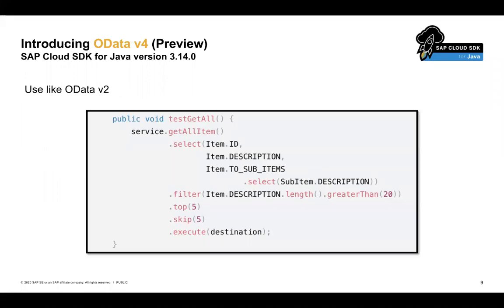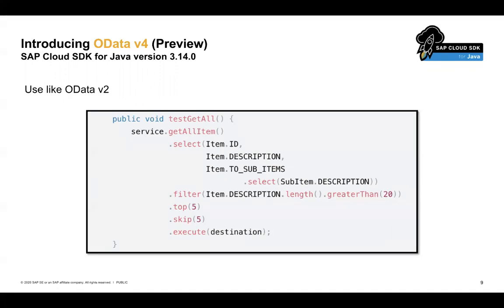Usage of OData v4 is very similar to OData v2, which you probably are used to. So having a look at this example test method here, we see that the pattern how we invoke a service is quite similar. At this point, for example, we see the line with the filter that already includes some advanced functionality that's only supported in OData v4.